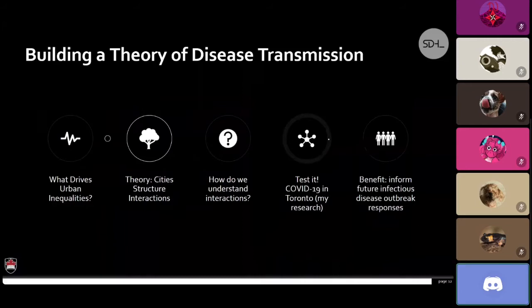We start off with this theory that our cities structure interactions, and that some interactions are more prone to spreading the disease than others, which leads to the sub-question of how we quantify these interactions, or really analyze them, and understand how they influence COVID-19 transmission dynamics. Then we can test it using Toronto as a case study, and the data and conclusions from that research can inform infectious disease outbreak responses in the future. Next slide, please.